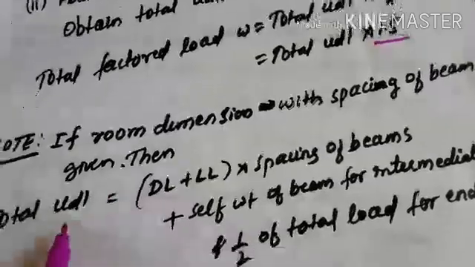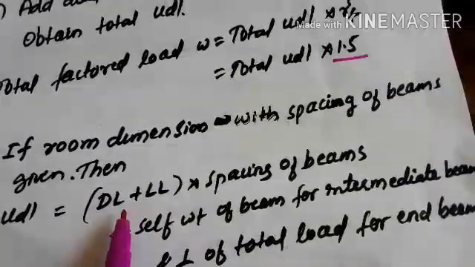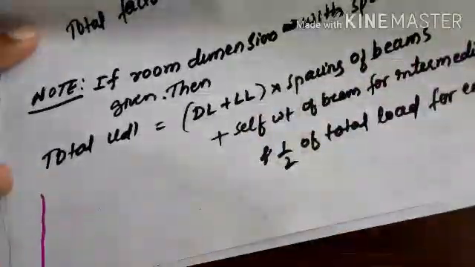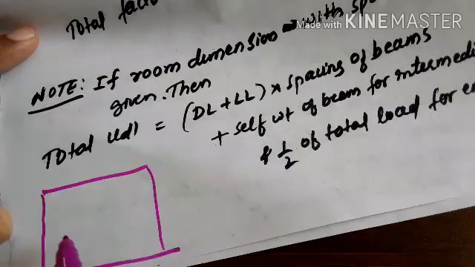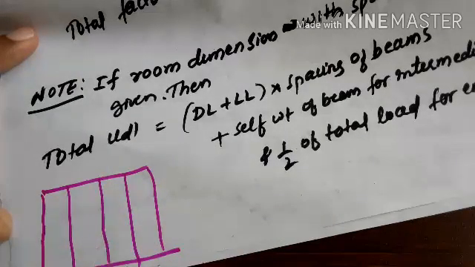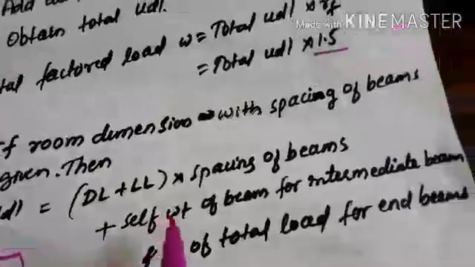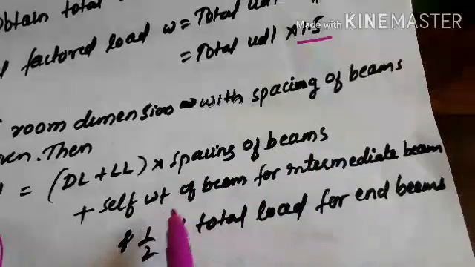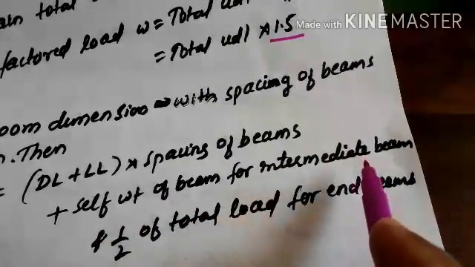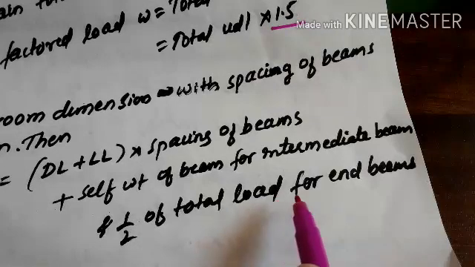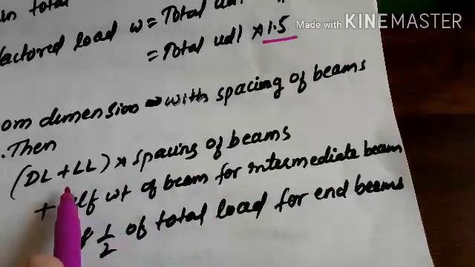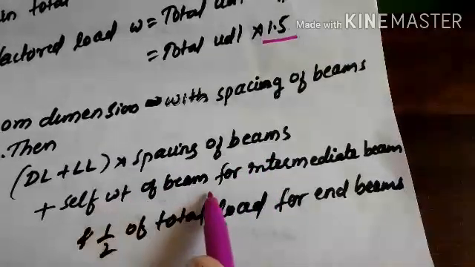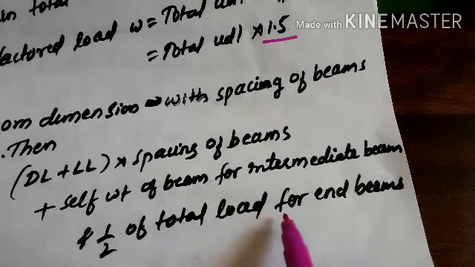Then the total UDL is calculated as dead load plus live load into spacing of beams plus self weight of the beam for an intermediate beam, and half of the total load for end beams.